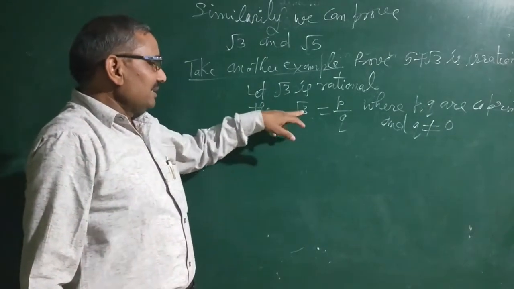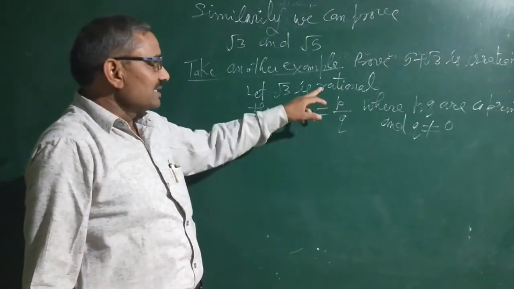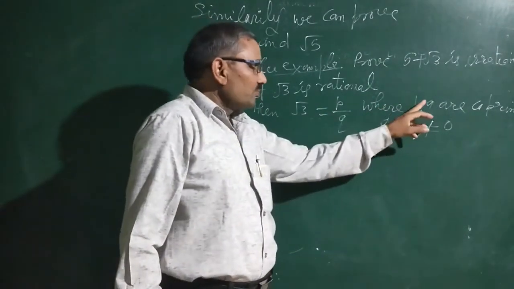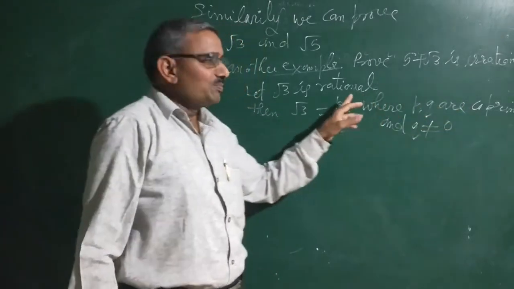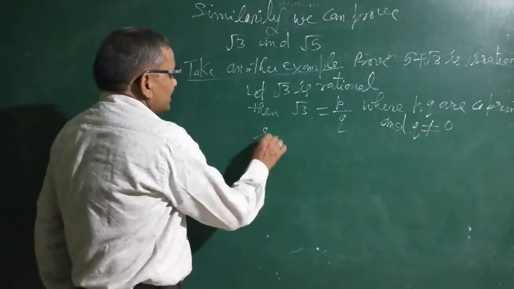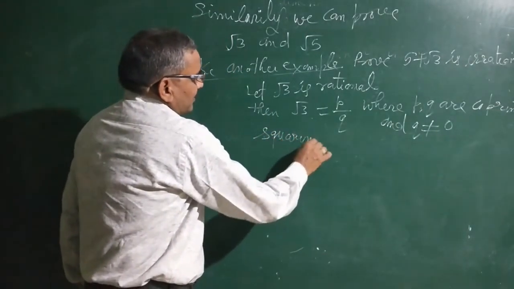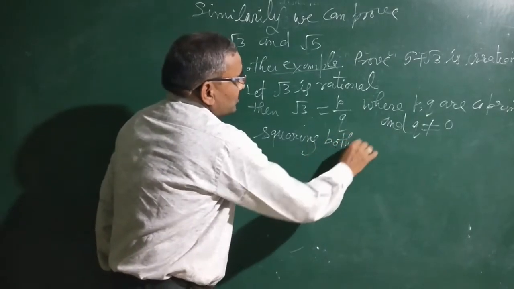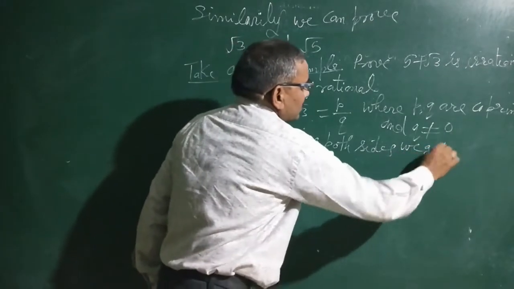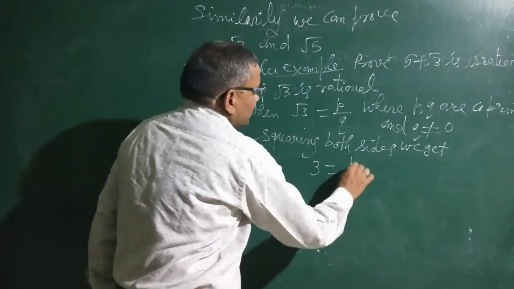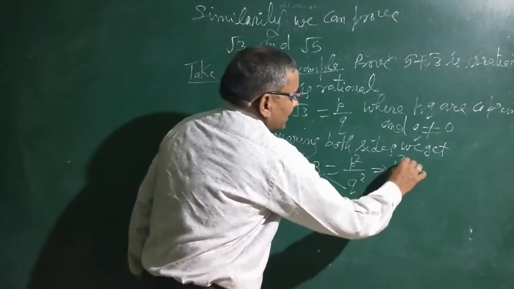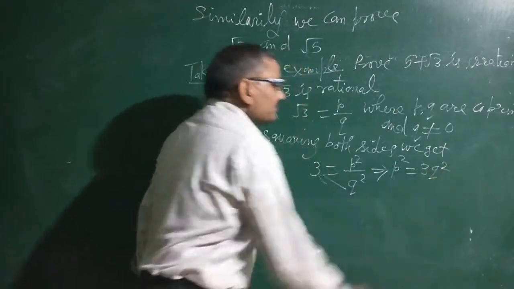Here I have taken root 3 equal to p upon q because we have supposed that it is rational. So p, q are co-prime, which means p and q have no common factor, and q is not equal to 0. Squaring both sides, we get 3 is equal to p square upon q square, or p square is equal to 3q square.